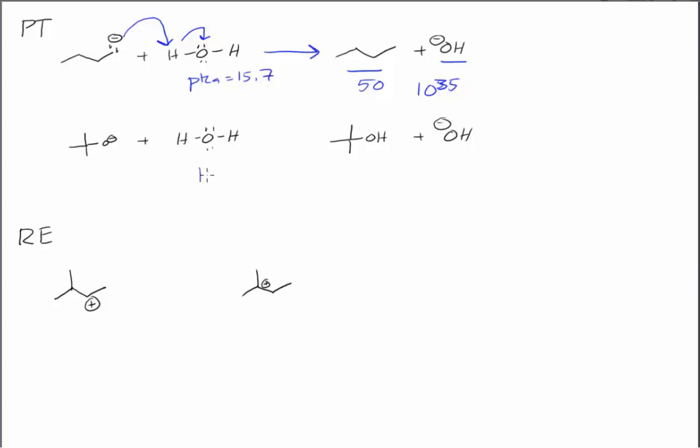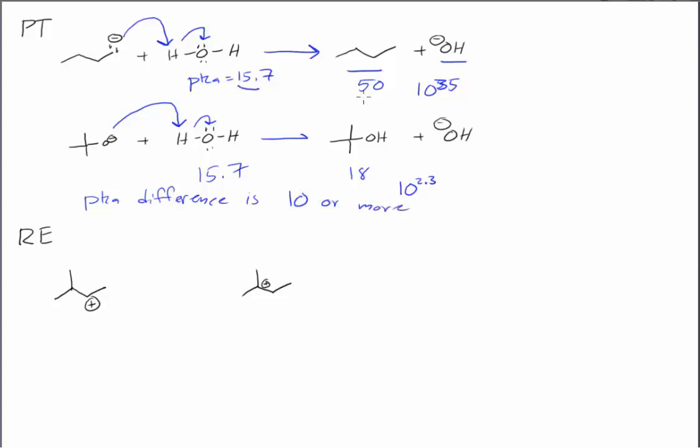Let's compare that with the other proton transfer I've prepared to look at. So here, 15.7 and 18, the difference here is 10 to the 2.3. So a much closer difference in acidity, much closer acidity levels. Typically, if the pKa difference is 10 or more, so like here, the pKa difference is 35, it is irreversible.